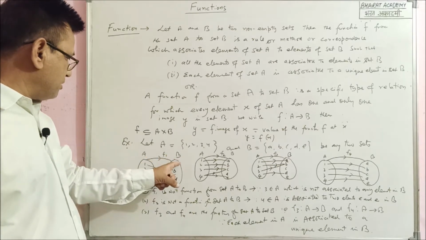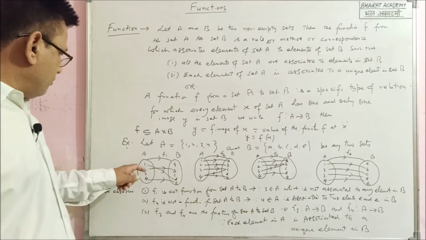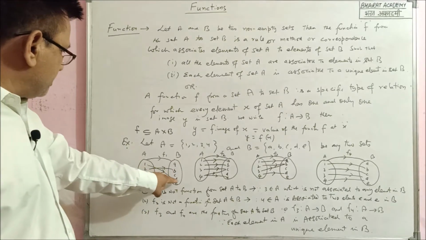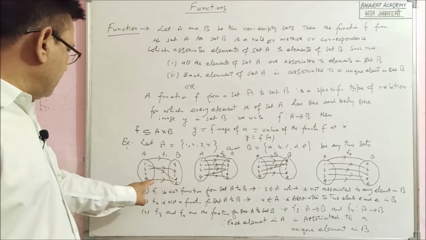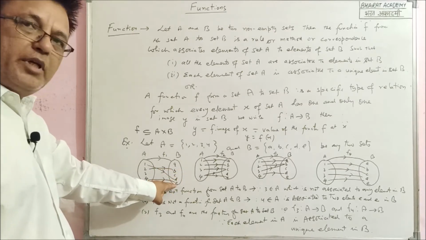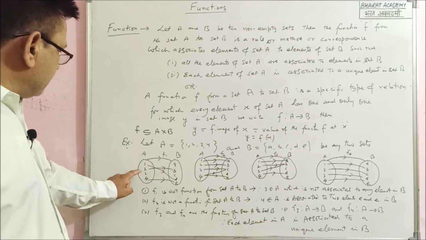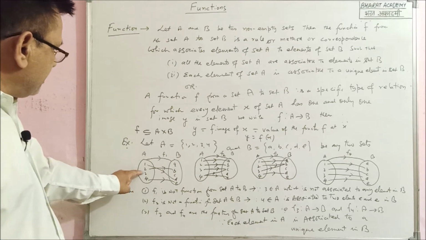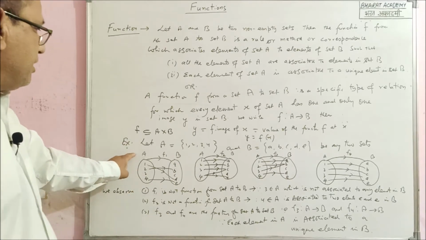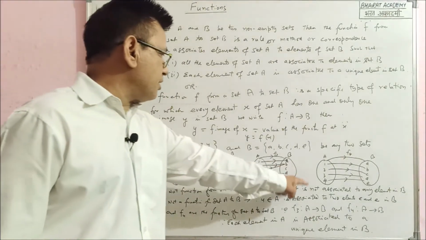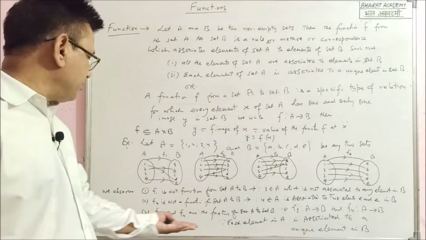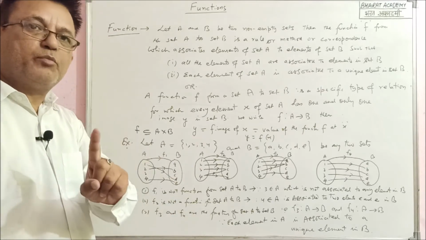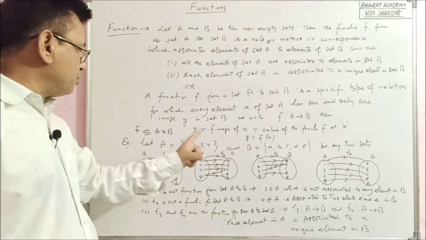Set B contains a, b, c, d. 1 is associated to d, 2 is associated to b, and 4 is associated to e. What does it mean? There exists an element 3 in the set A which is not associated to any element in set B. It means f1 is not going to be a function from the set A to set B.